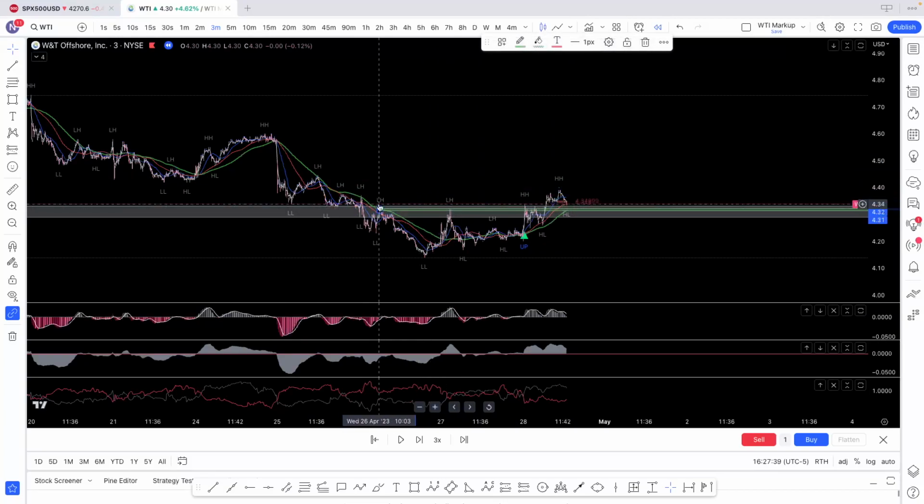Here, this was the high that created the low. It was retested here, then moved up. Looks like it's potentially going to do another retest, so I'm going to let price play, see if it'll retest, and then I'll go in for an entry.